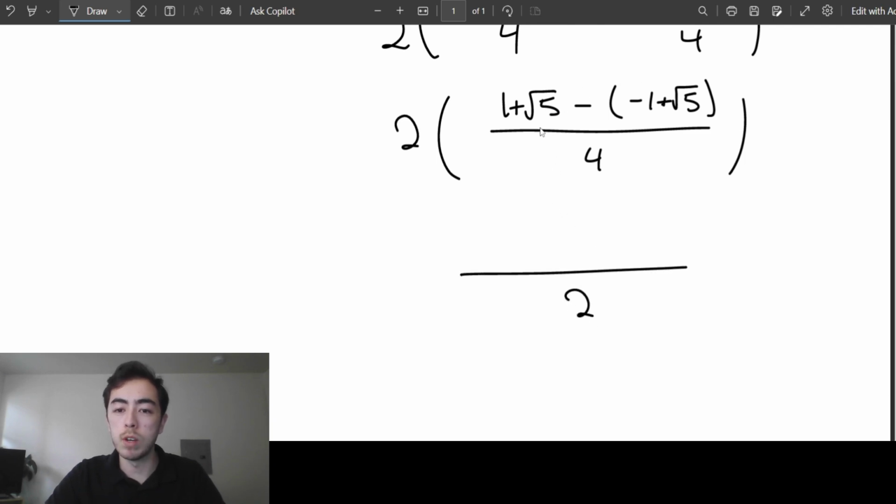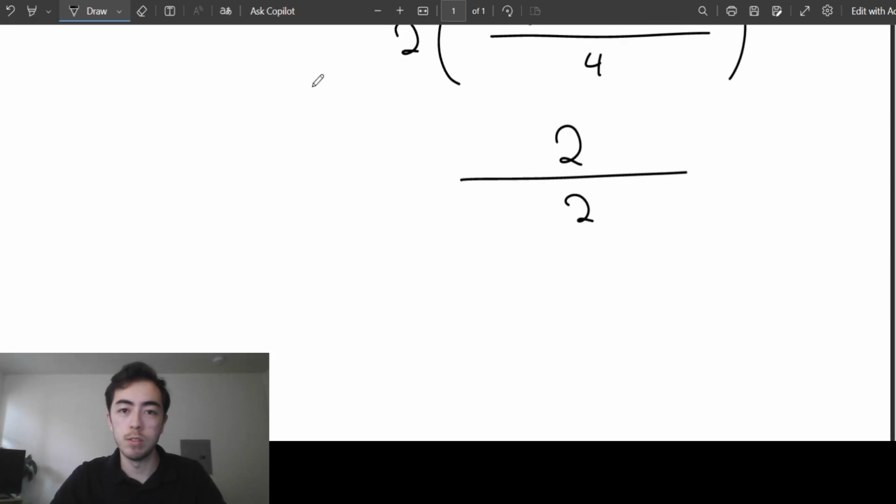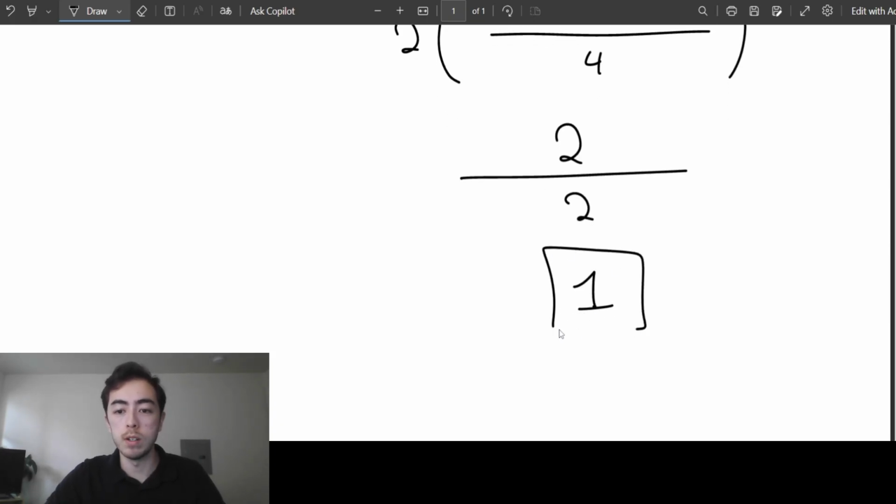In our numerator, this positive root 5 is being subtracted by another positive root 5, so those root 5s go away. Then our positive 1 is being subtracted by a negative 1, so it's like adding 1, and we only get a 2 in the numerator now. And 2 over 2 is equal to 1.